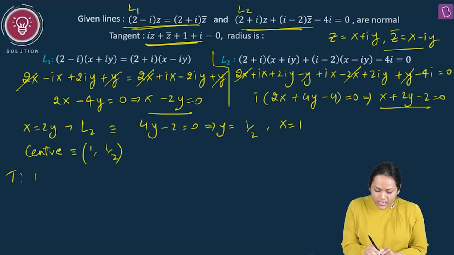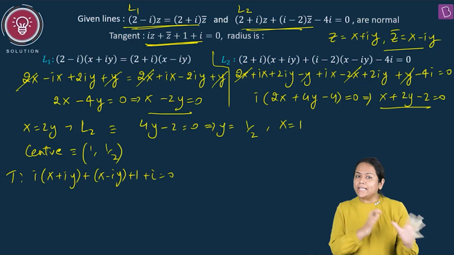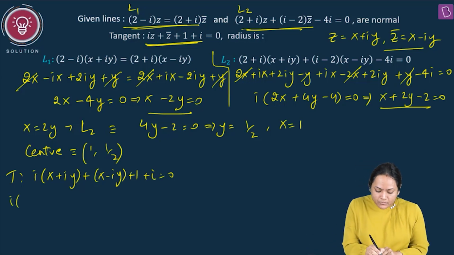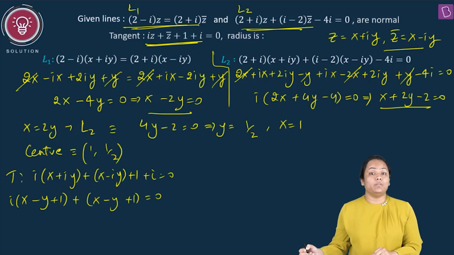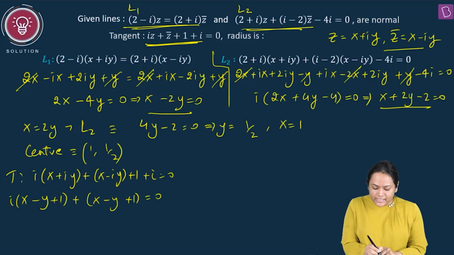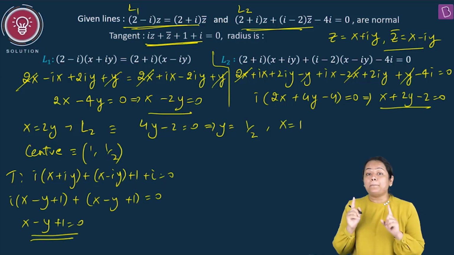So it's going to become iota times (x plus iota y) plus (x minus iota y) plus 1 plus iota is equal to 0. Now when I collect the terms of iota, it's going to be x minus y plus 1, and the rest of the terms again will be x minus y plus 1 is equal to 0. So you can finally say that the tangent equation will become x minus y plus 1 is equal to 0.